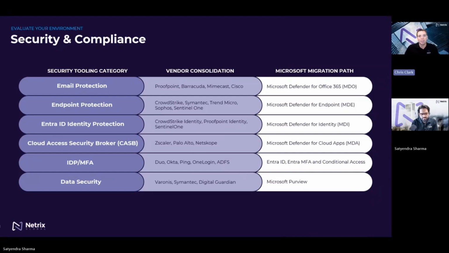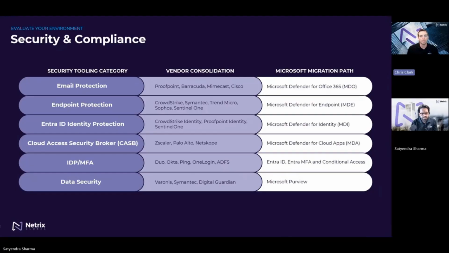But what we commonly do is really look at the current tooling in your environment around what I would call pillars, right, of technology. So this can go across a lot of different areas. Specifically, what's shown here is around security and compliance.